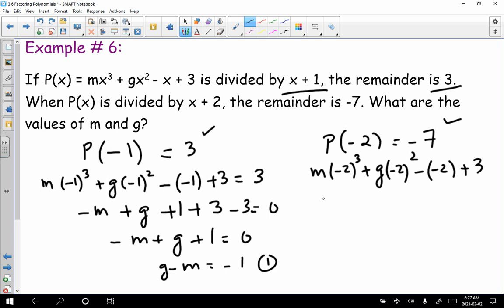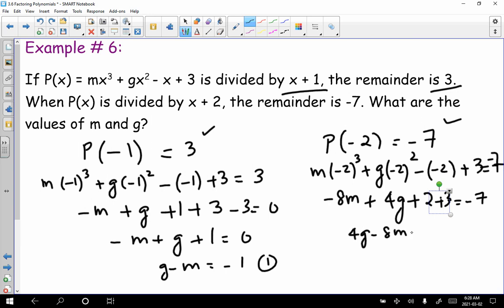So that works out to negative 8m plus 4g plus 2 plus 3. Sorry, I forgot the right side of this. This equals negative 7. So 4g minus 8m equals, so 3 plus 2 is 5, and you bring it over, you get negative 12.